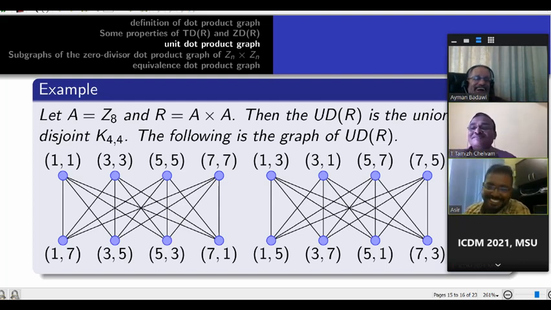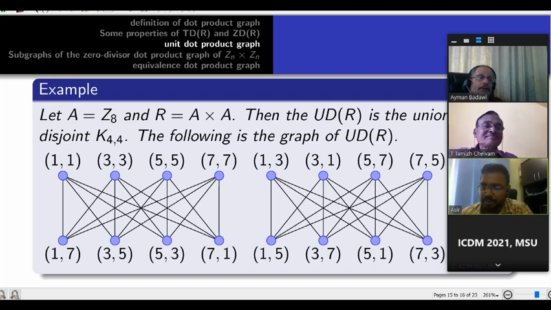Actually, I have a question. When you consider an Artinian ring, we have a decomposition, right? A decomposition into local rings. So in that case, these two graphs are the same, right?